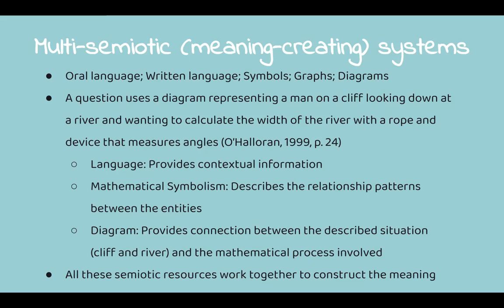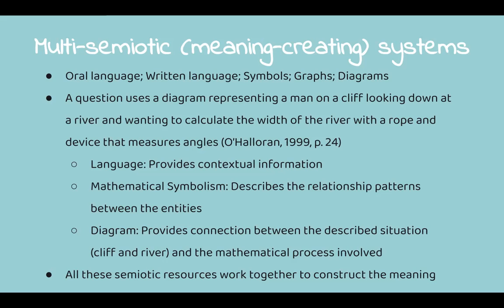We can imagine a math question like this: a man on a cliff looking down at a river and wanting to calculate the width of the river with a rope and a device that measures angles. The language provides the contextual information. The mathematical symbolism describes the relationship patterns between the entities, and the diagram that comes with this question provides the connection between the described situation, which is the cliff and the river, and the mathematical process involved in this question.